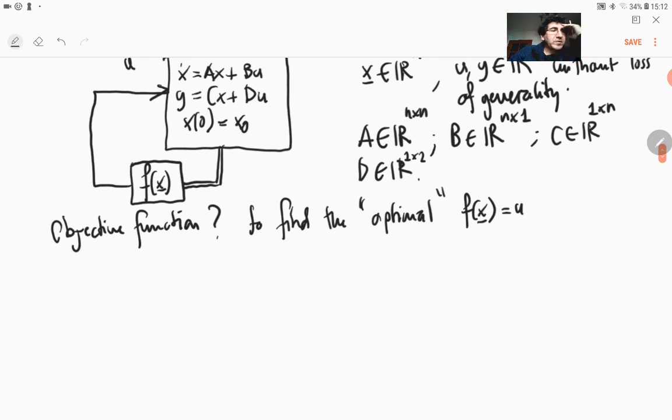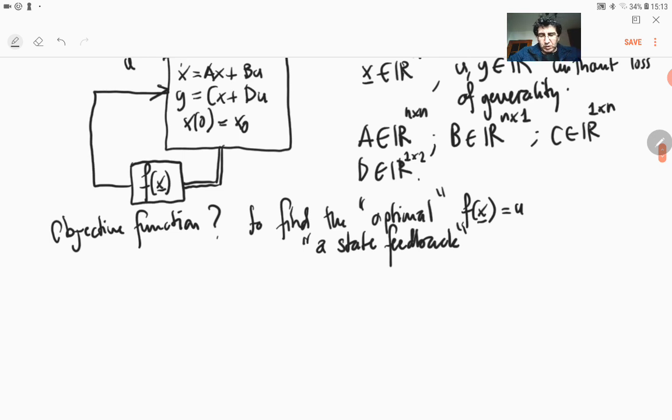So u will be a state feedback, an optimal state feedback. From pole placement, we know that, for example, the state feedback can be linear in the sense that it can be a linear combination of all the states.